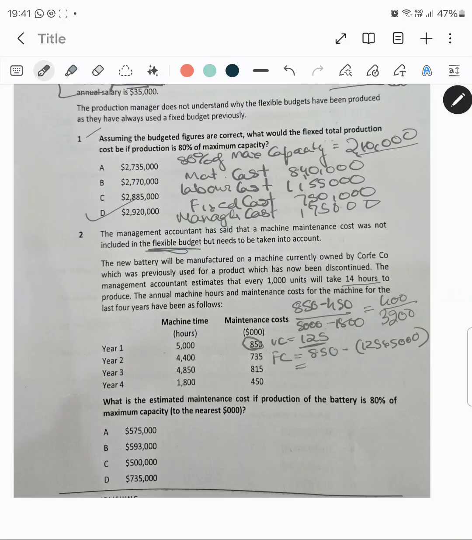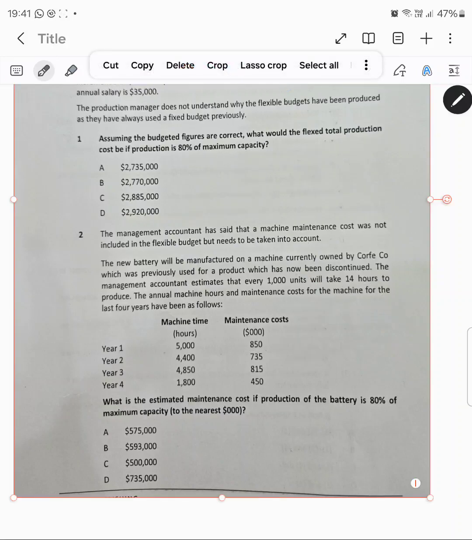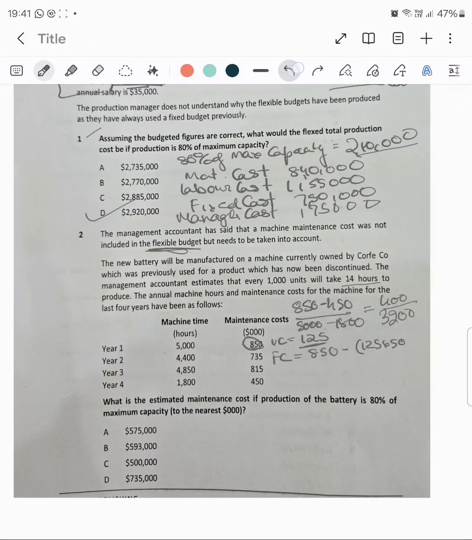So how to write it, because this way we can get confused: 8,50,000 minus 5,000 into 125, which is 6,25,000, and this will give me my fixed cost as 2,25,000. Yeah. Now I have my fixed cost as well.